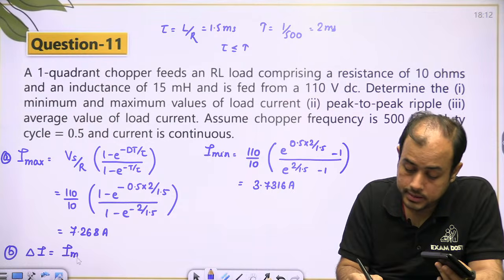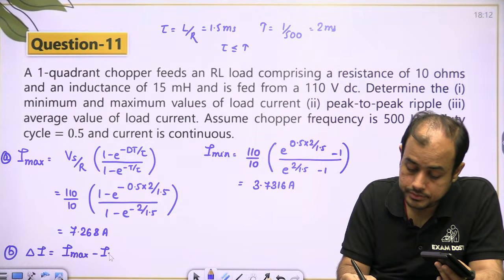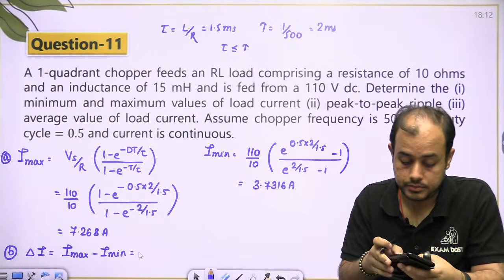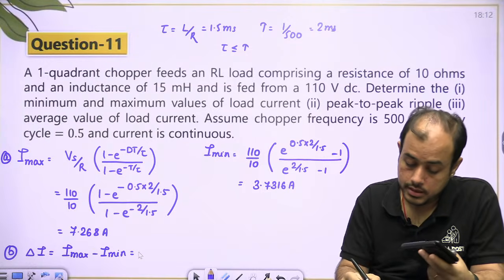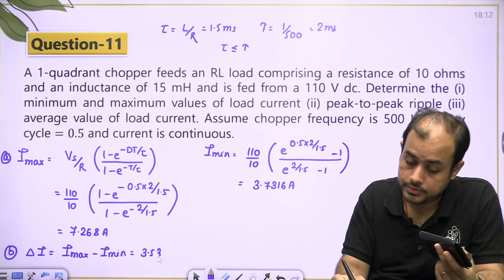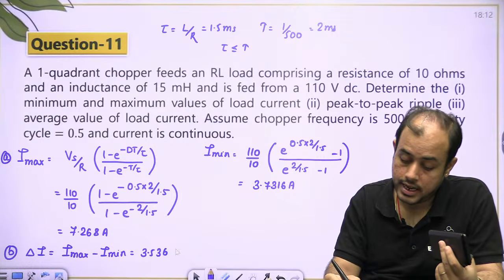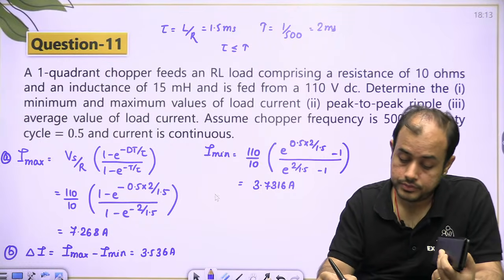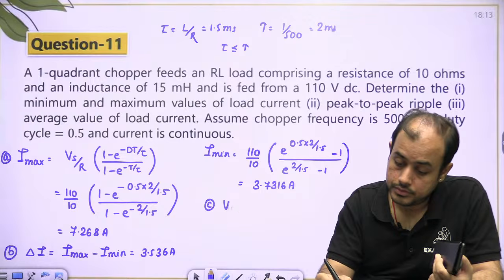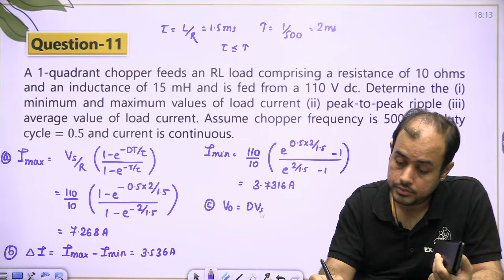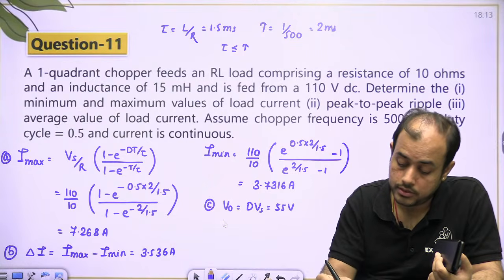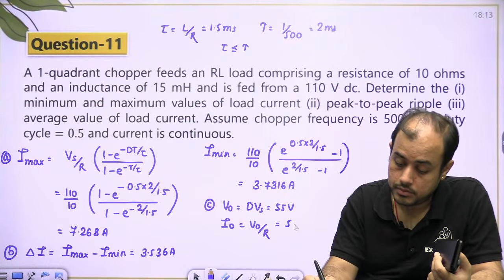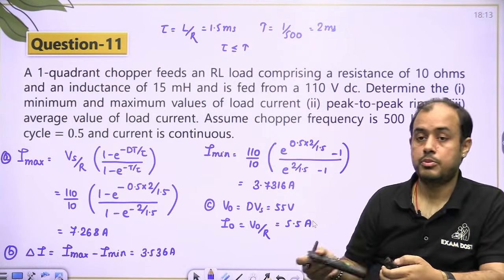Peak to peak ripple is max minus min. .536. ठीक है. Average 0.555 volt. .5 ampere.